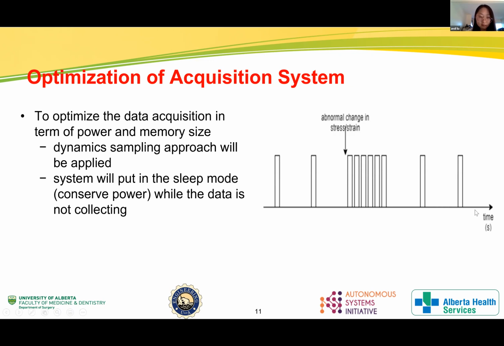A dynamic sampling approach will be applied when an abnormal change in stress and strain is detected. The sampling frequency will be changed to a higher one, and to further reduce the memory size, the system will be put into sleep mode while data is not being collected.